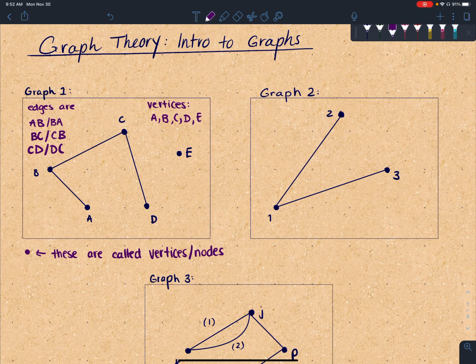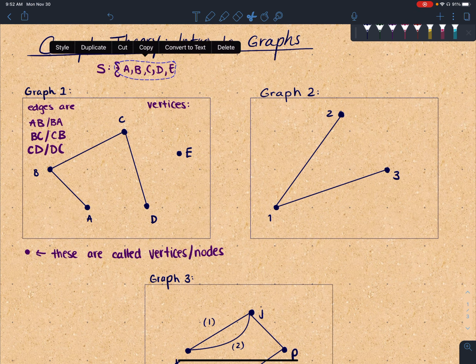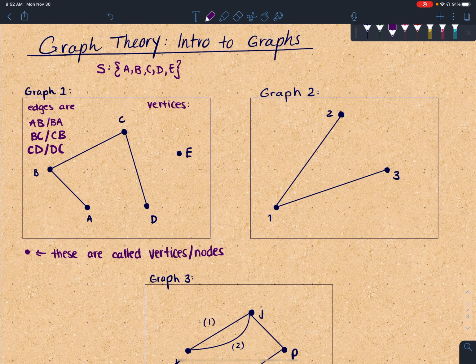So this goes into the next little bit of notation, the way that you would describe a graph without actually seeing the picture. You have S that represents the set of elements within your graph, so all of your vertices. You use a little curly bracket and you just list those vertices. I'll draw a little arrow so we know that that's our vertices.